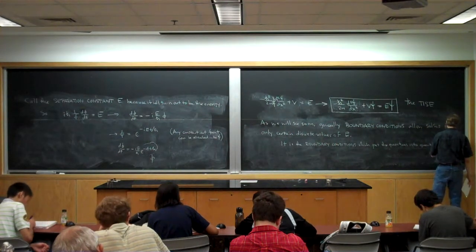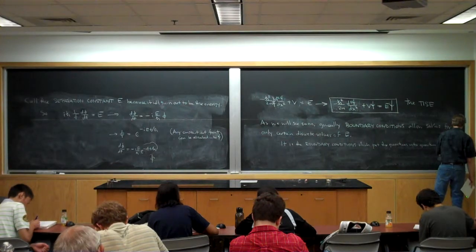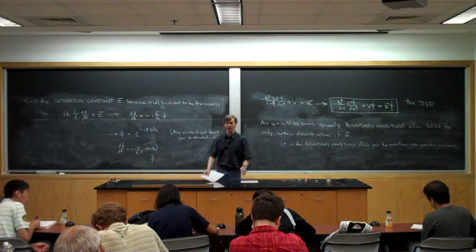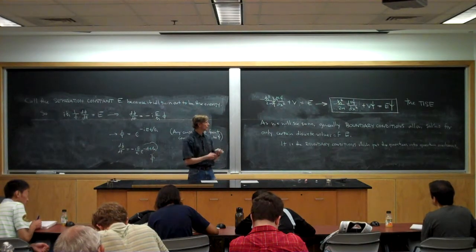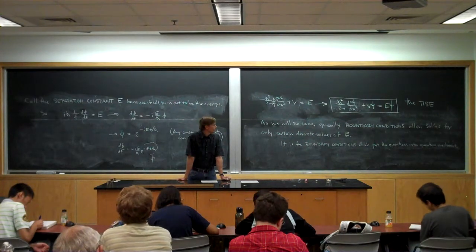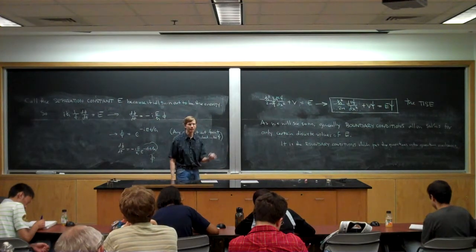It's really important to understand that fact. People can get confused and think the Schrödinger equation is why you get quantized energies. No, it's not enough. It's the boundary conditions which cause the quantization.